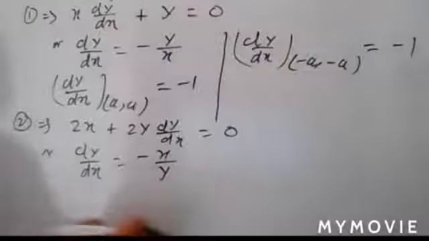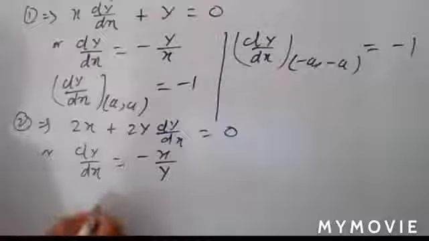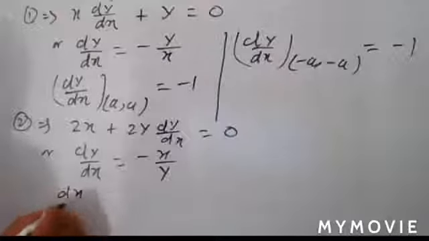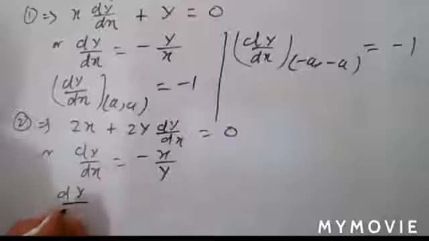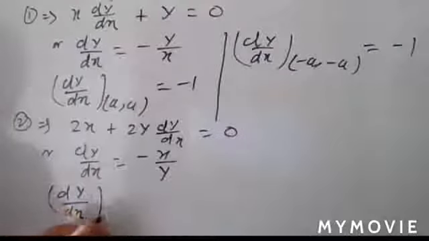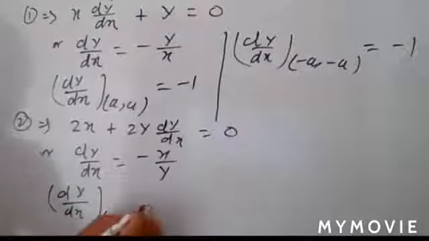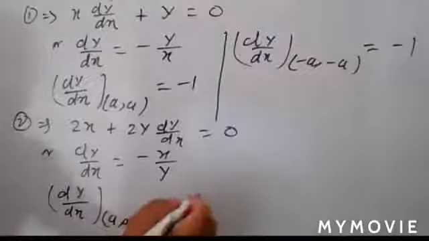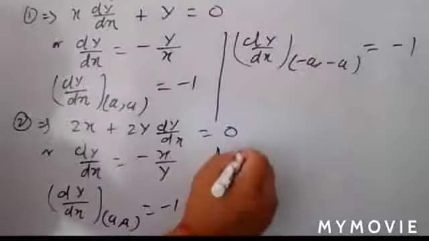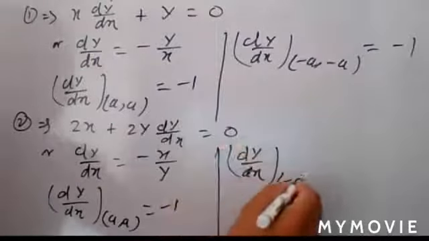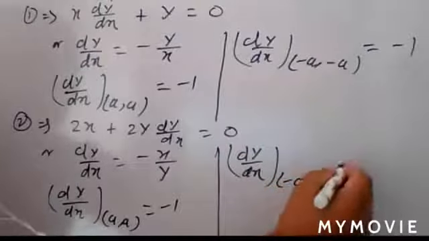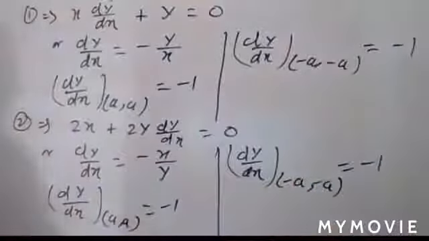Putting its value, dy by dx at the point a is equal to minus 1, and for the other point, dy by dx at the point minus a, again you have minus 1.